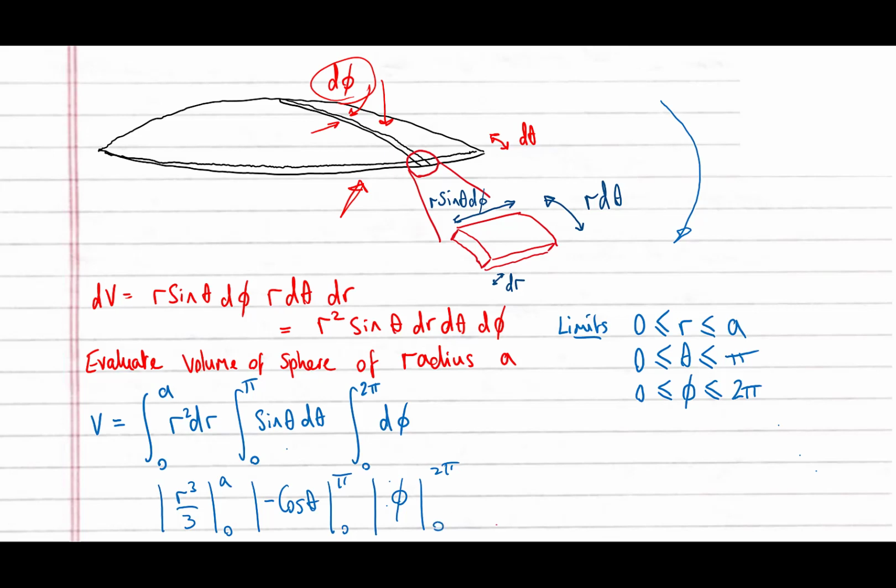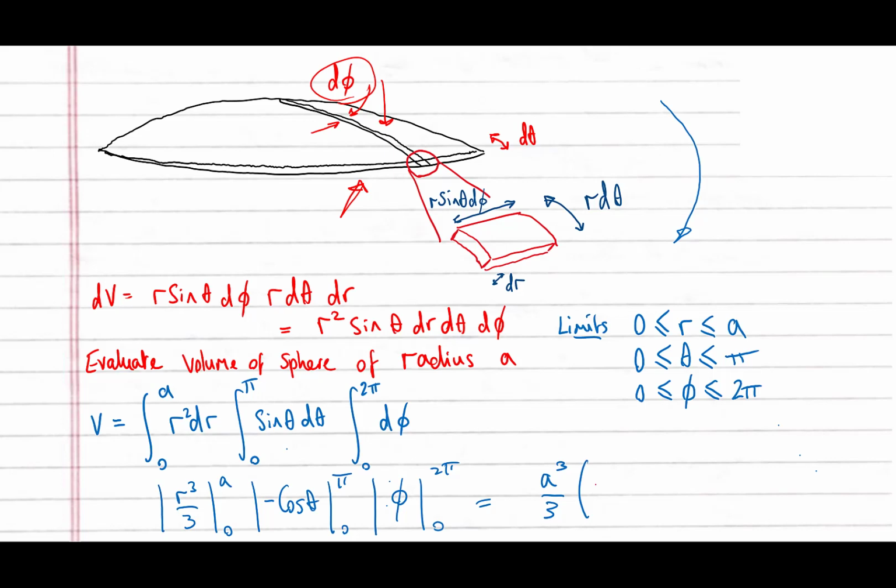So what we end up with here will be a cubed over 3 multiplied by, well, cosine of pi is, let's see, minus 1, so that's going to go plus 1, minus cosine of 0 is plus 1, so plus 1 plus 1.